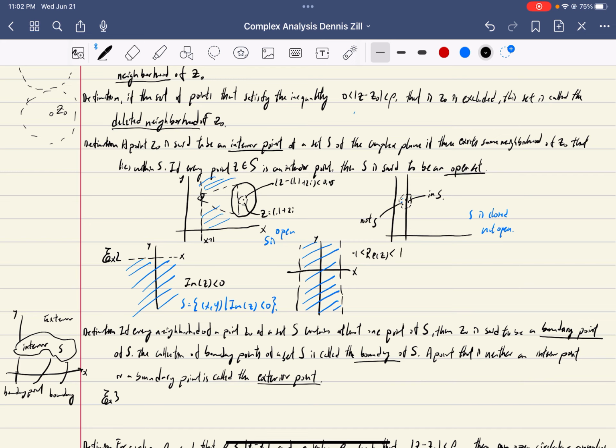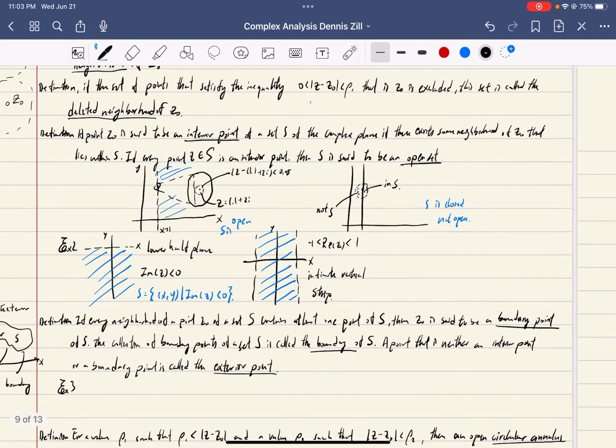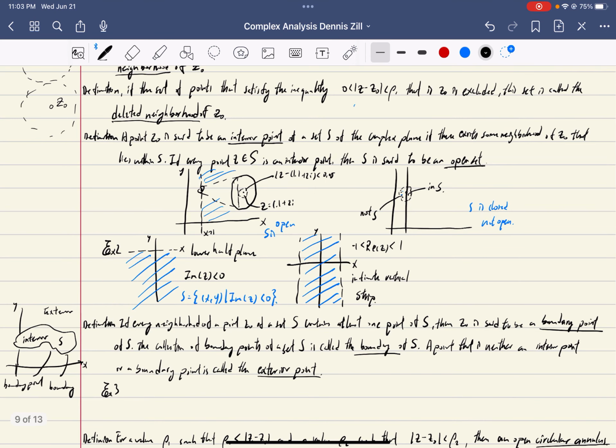And let's give these names. We call the first a lower half plane, and we call this an infinite vertical strip.